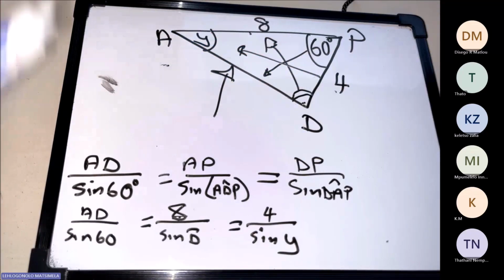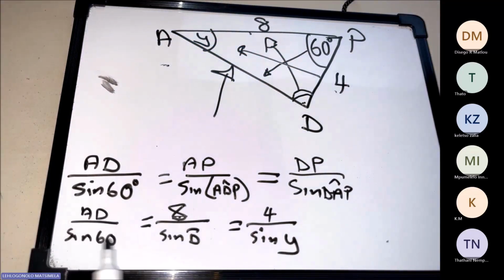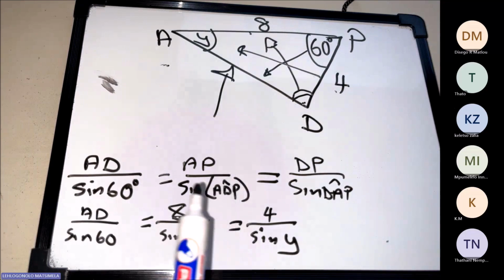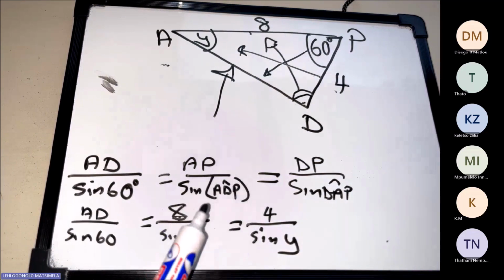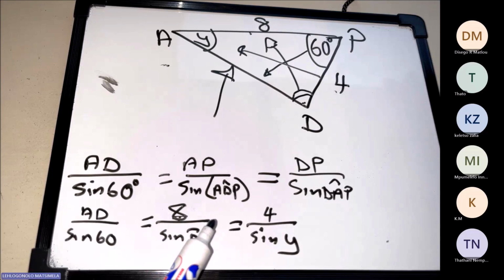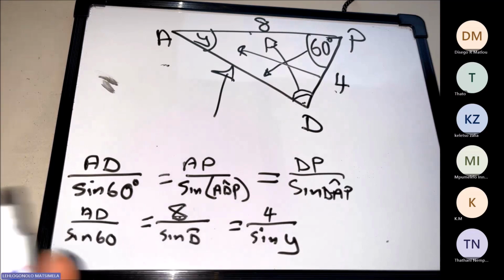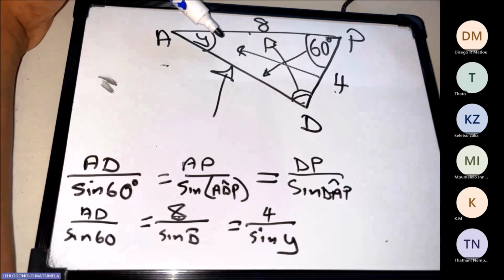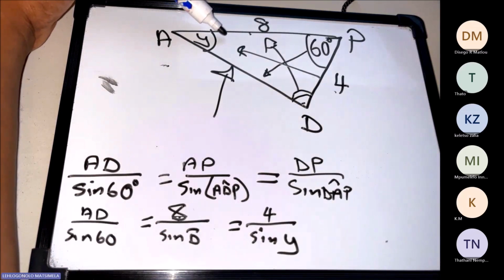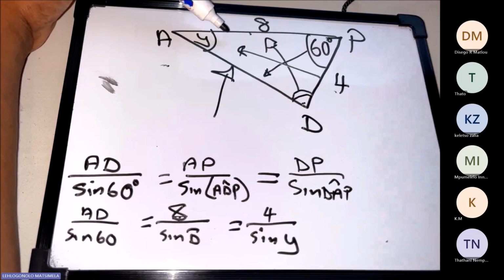So we cannot use sine rule. But this is the sine rule of this triangle, which means every triangle has a sine rule. So you can just take out its sine rule the way you understood how I took this out here. But we are not able to solve AD now with this rule. It doesn't work for us.